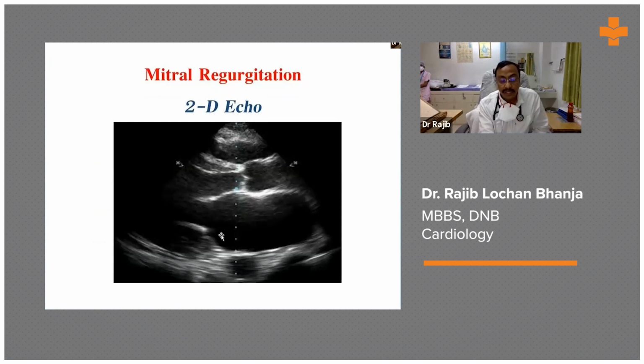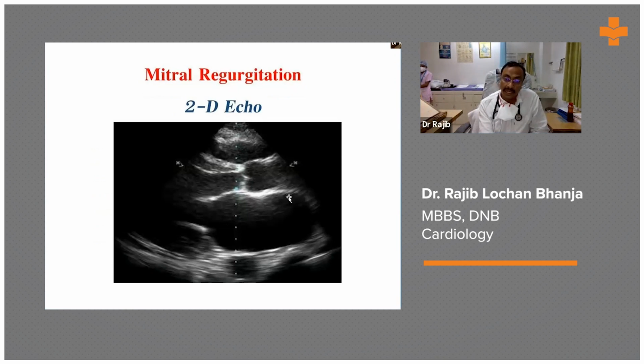Again, for diagnosis, we have the basics like ECG, X-ray, and echocardiography. Here also echocardiography is the investigation of choice, the gold standard. You can know the morphology of the valve, the morphology of the muscles, papillary, cardi, and you can see the coaptation and the prolapse.